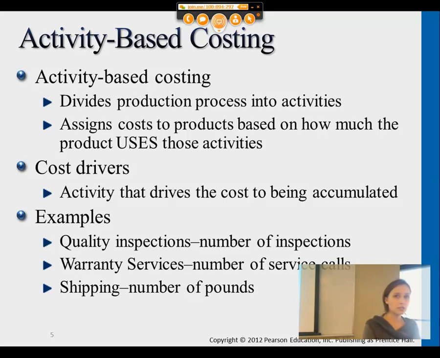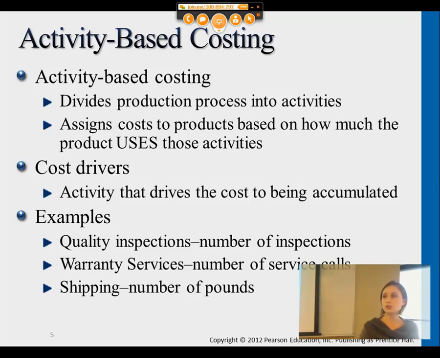And for each one of those activities, we will have the means to assign a cost, okay? Okay, so we assign cost to product based on how much product was used within that process. That's the main thing for you to understand, how much was used within that particular activity.